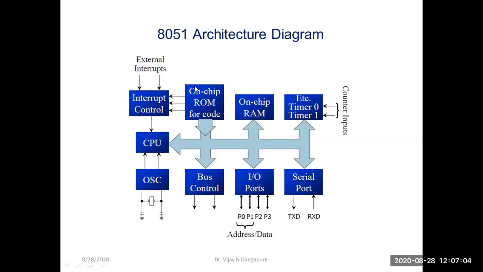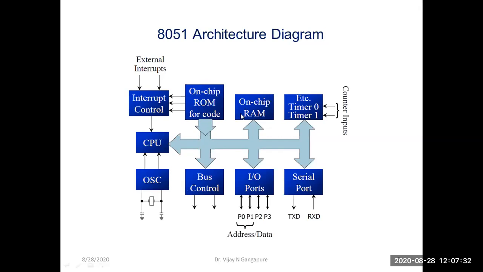So this is on-chip ROM, that is read-only memory, available in 8051, that is connected with CPU in only one direction, that is from this on-chip ROM towards CPU. Means data bytes can be read in by this CPU from this on-chip code ROM.